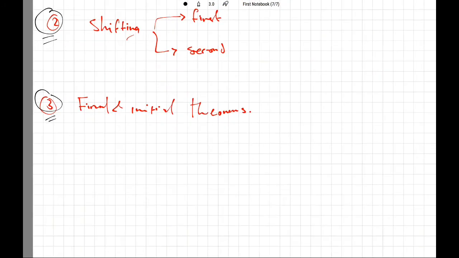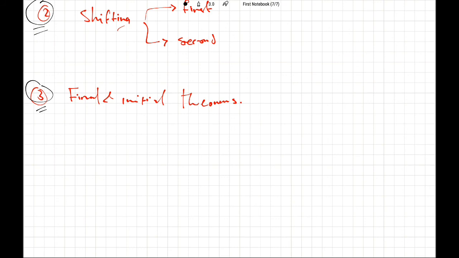And then we will do the inverse of the Laplace transformation. The inverse of the Laplace transformation is the opposite. You have the function in terms of s, and you want to go back to your function in terms of t.